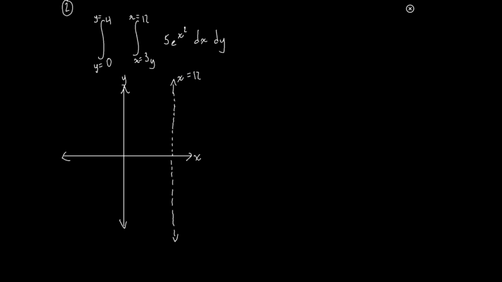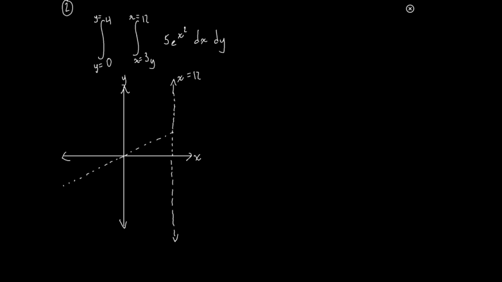Okay, it's horribly not straight, but x equals 12. And then x equals 3y. So that has a slope of something like this, and it keeps on going in that direction too. We were doing dashed lines, weren't we?